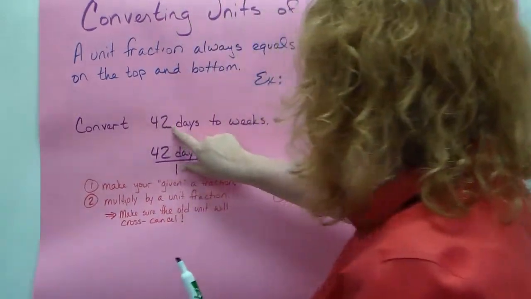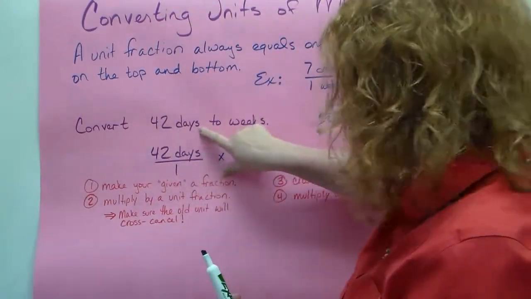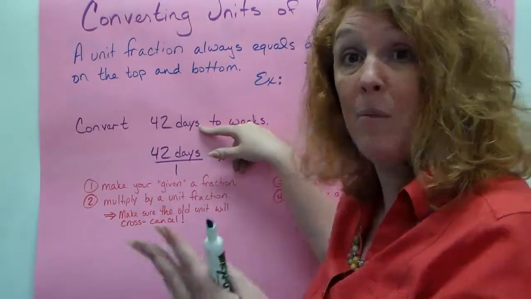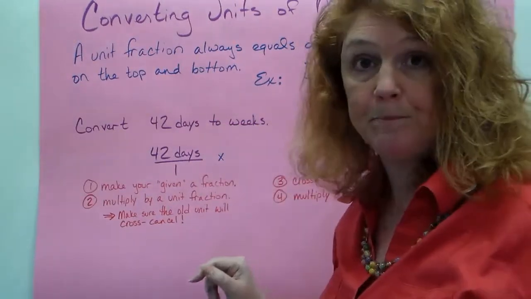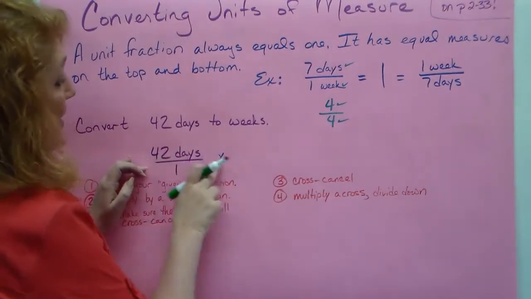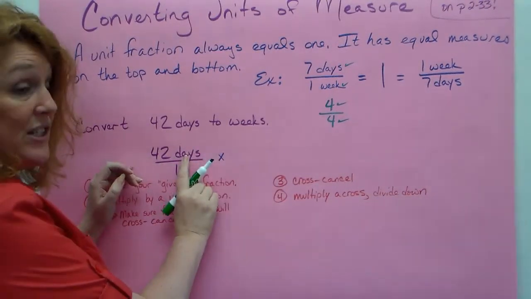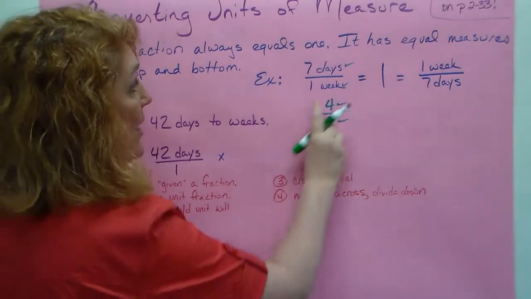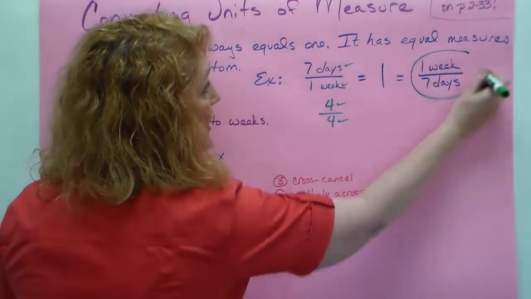We're starting out with 42 days. I want to get rid of days, and I want my answer to say some number, weeks. So I'm going to multiply it by the one where the days can cross-cancel. Here the days is on top. I want the days to be on bottom. So I'm going to choose this one.